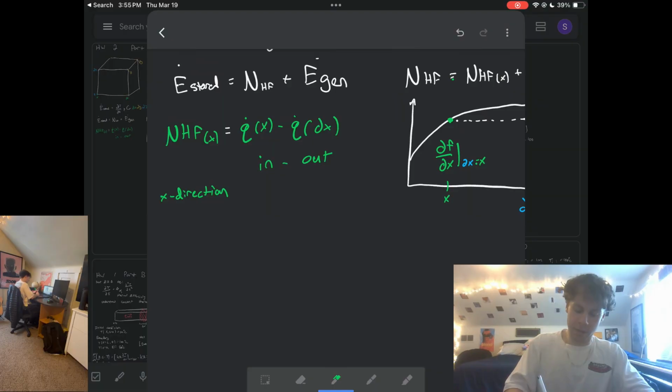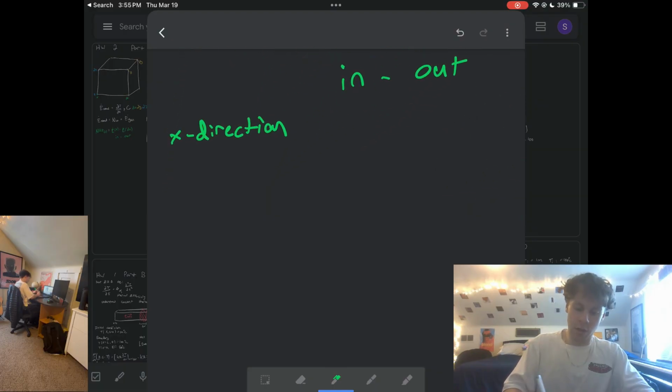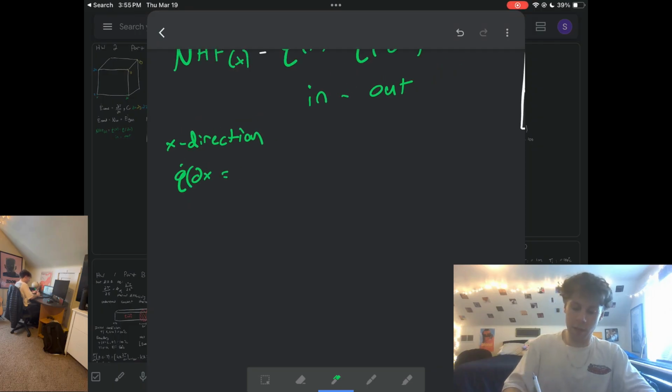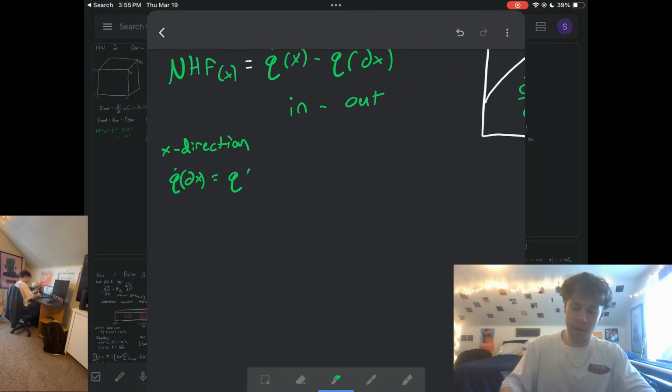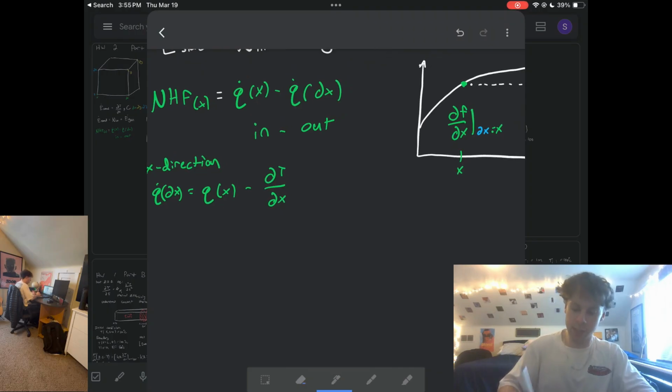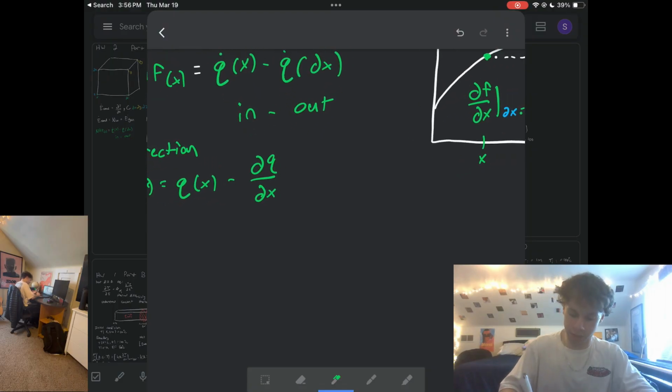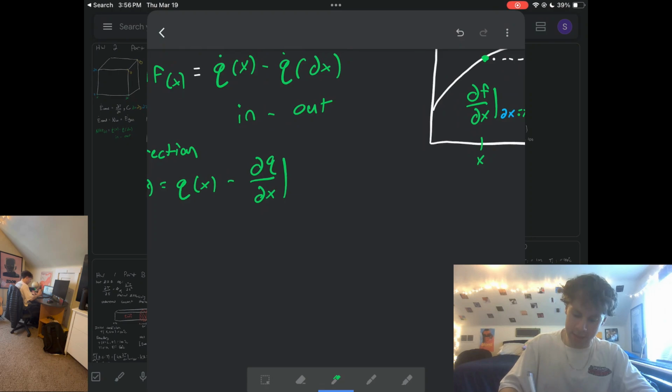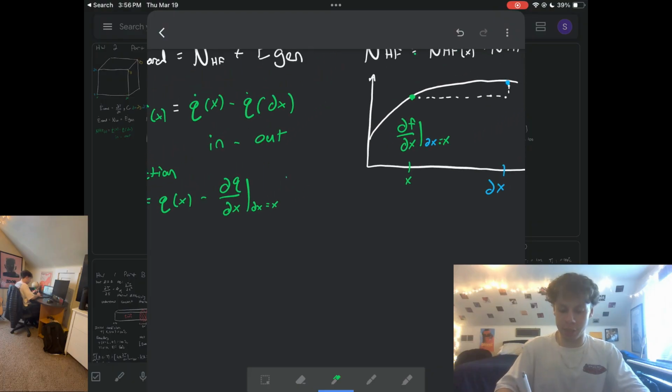We'll say heat flow of our dx is equal to the heat flow in the x direction minus the temperature gradient, or heat, because this is just the slope of our heat function with respect to position at dx equals x, multiplied by our change of position. So dx minus x. Okay.